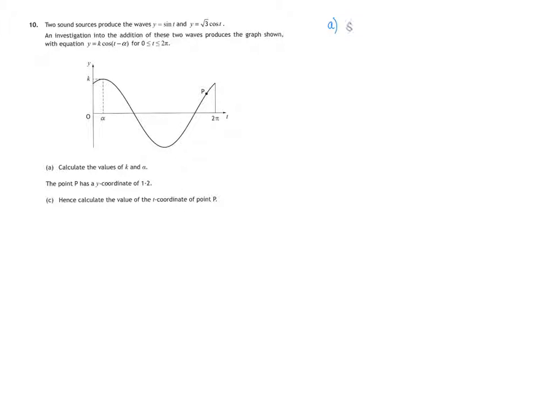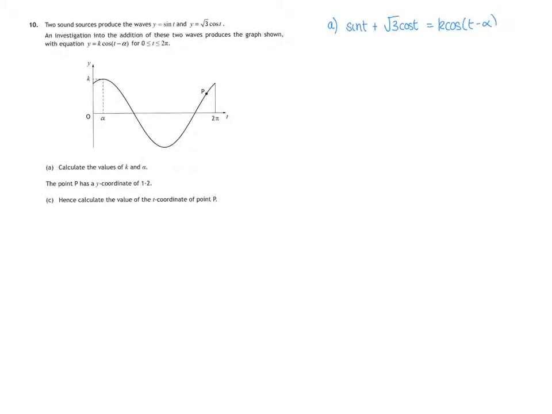So we know that sine t plus root 3 cos t is equal to that k cos of t minus alpha. Okay, so we need to expand our k cos of t minus alpha.